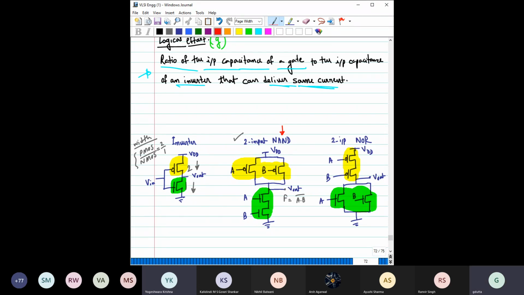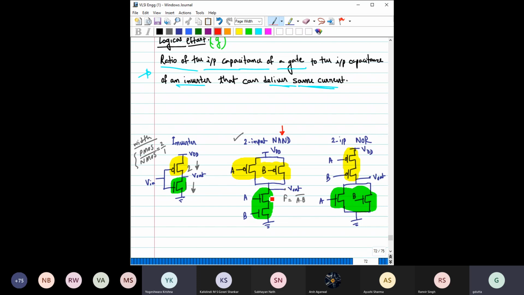Wn equal to 2Wp, yes. Let us focus only on Wn. What would be the Wn value? Shubhayan? It will be halved. Are you sure? Wn. Twice. Sorry, sir. Twice, right?